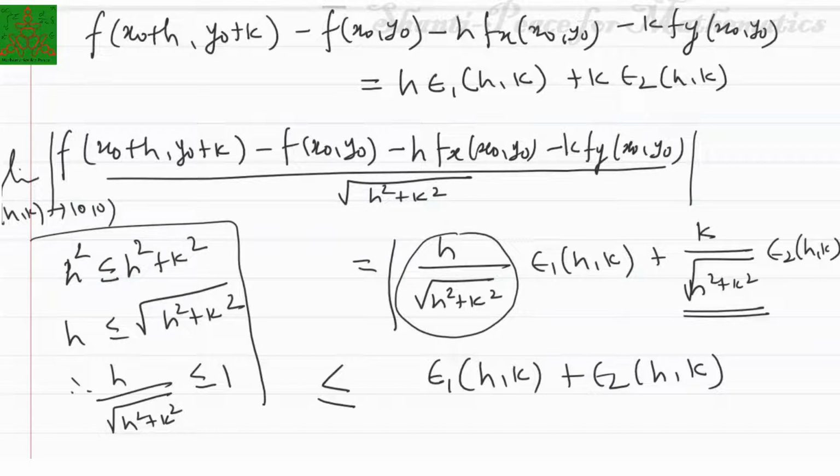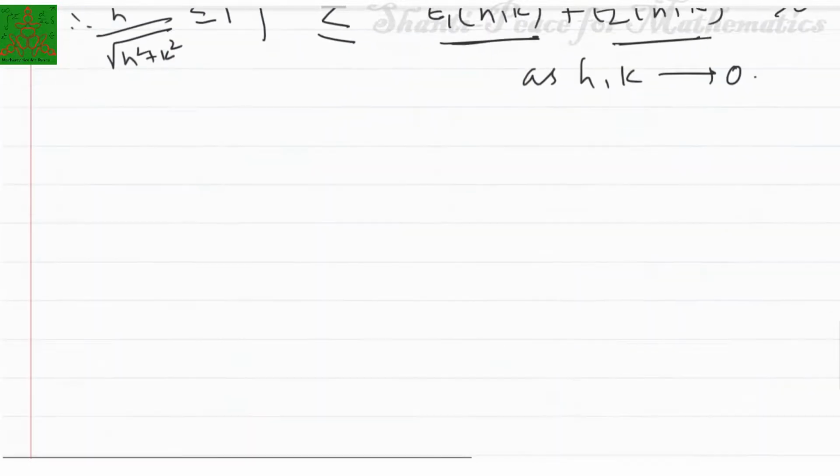Now if I take the limit on both sides as hk tends to 0, 0, this quantity will tend to 0, because as per the definition of differentiability, epsilon 1 and epsilon 2 are the error terms, and those error terms tend to 0 as h and k tend to 0. Conversely, we can say the same thing. So what is the idea we have?